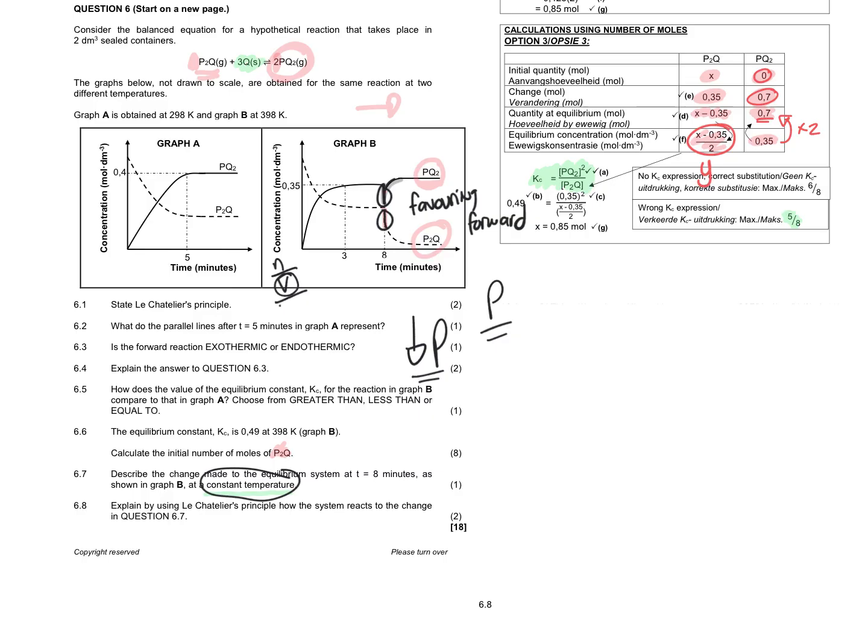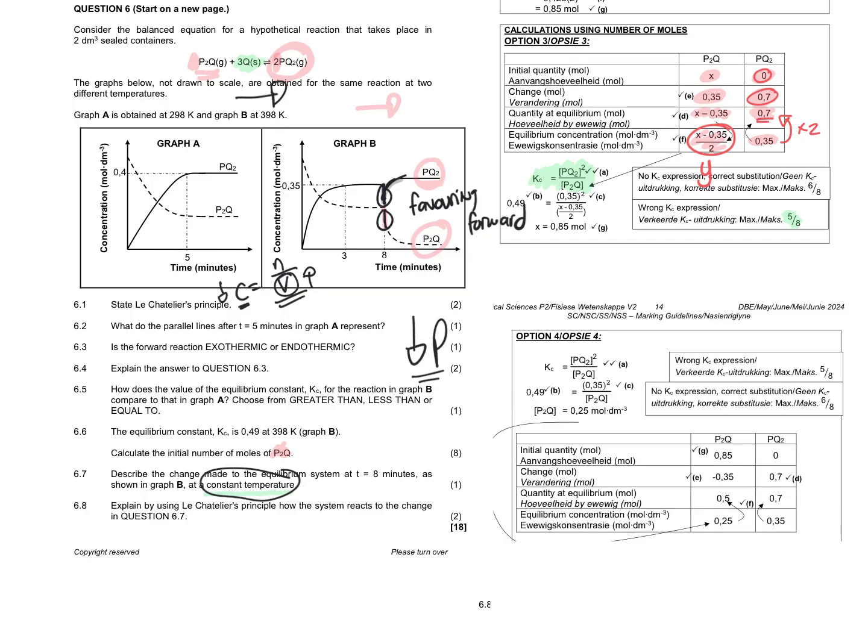Volume is at the bottom of the fraction, so they're inversely proportional: if you increase the V, you decrease the C. But afterwards, you are favoring the forward reaction, because decreasing the pressure will always favor the reaction that makes more moles of gas. So that's what happened there.